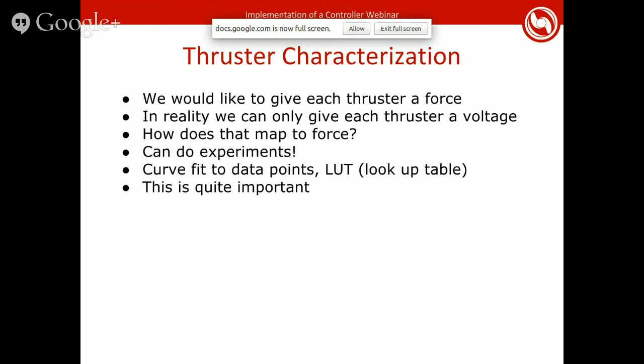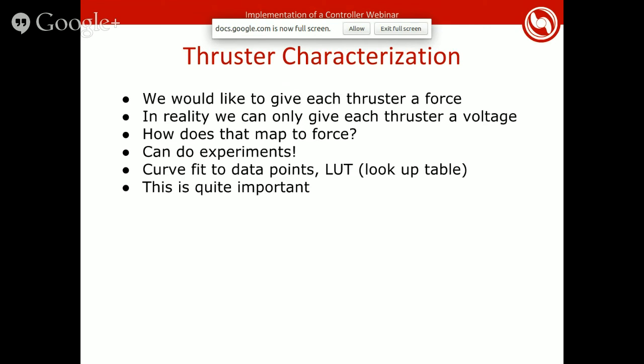Usually what we do in CUV is we have a quadratic fit. You can just look at the data and say, okay, it looks like a quadratic relationship between voltage and force. So we fit a quadratic curve to it, and then when we want to calculate the PWM to achieve a certain force, which is what you want to do in the controller, you invert that quadratic regression. So it's pretty simple to do.